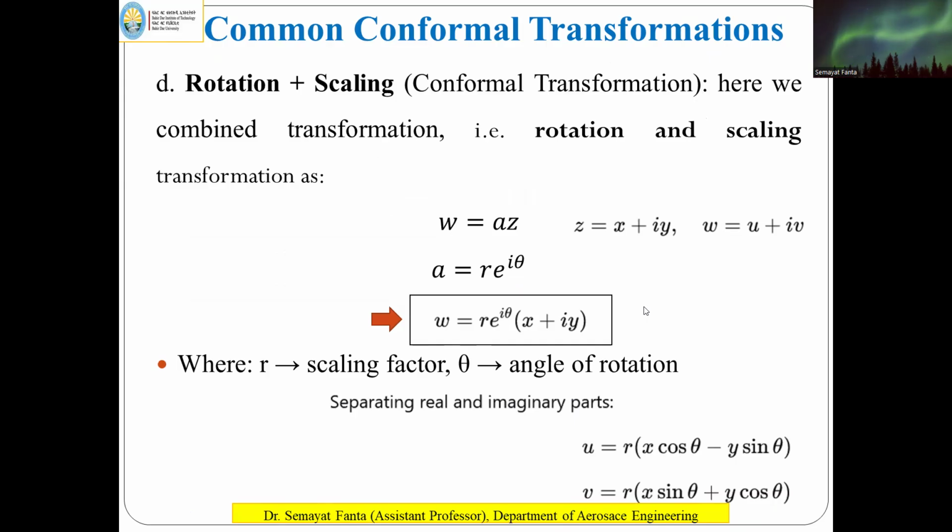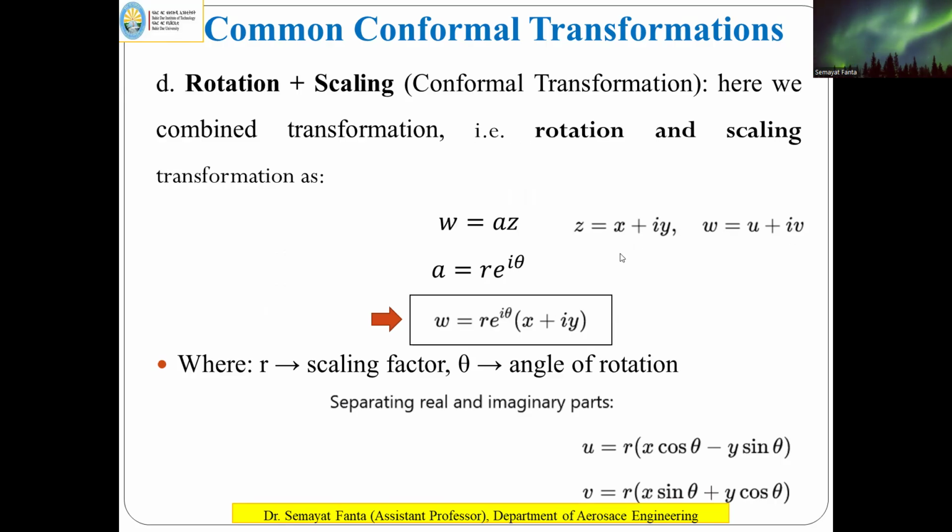Now let's combine rotation and scaling together. Here we combine the rotation and scaling transformations. So let w equal az, and a equals r e raised to i theta. Here z equals x plus iy and w equals u plus iv.